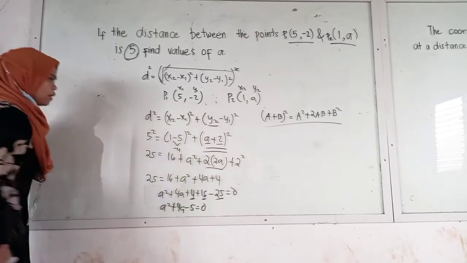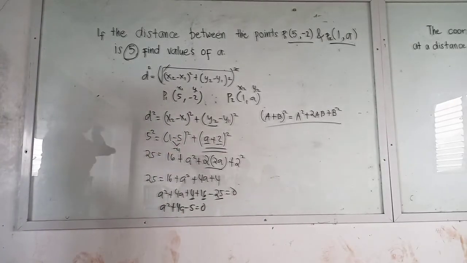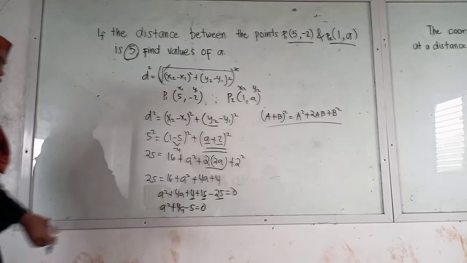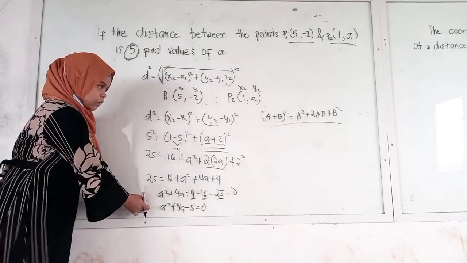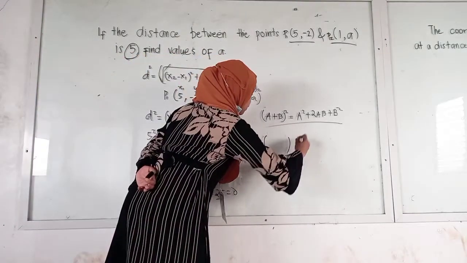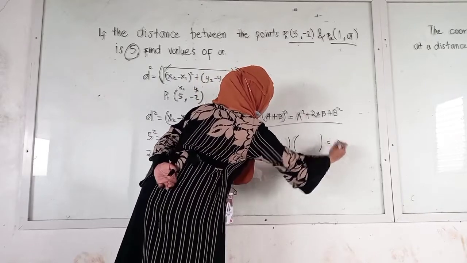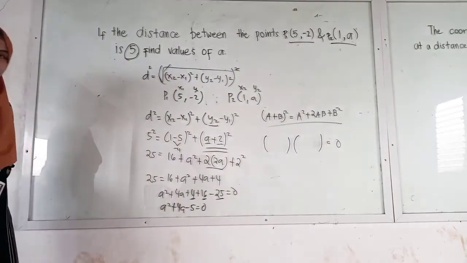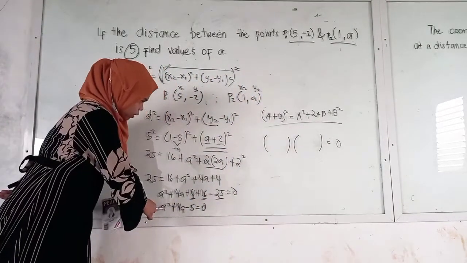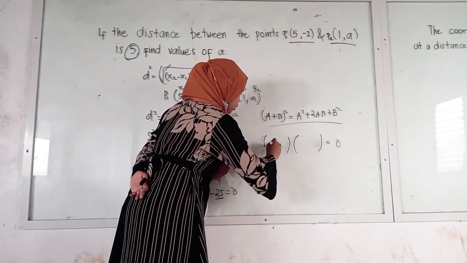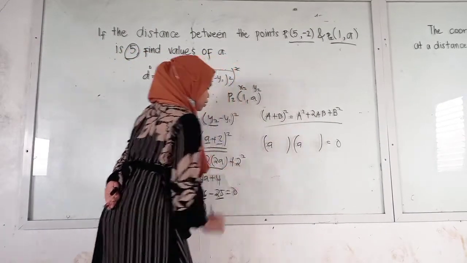So how can we find the solutions of A? By factoring this one. How can I factor this? You can have two parentheses equal to 0. Then our A squared should be split. A times A, that is A squared.